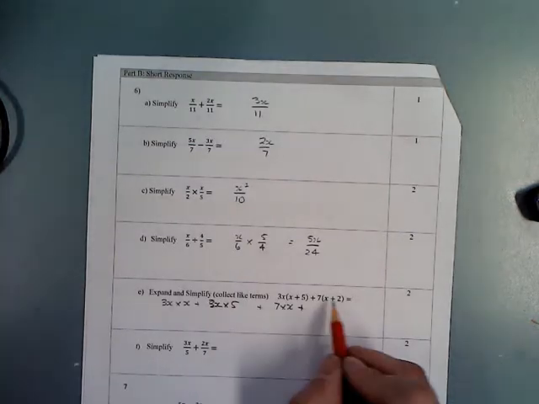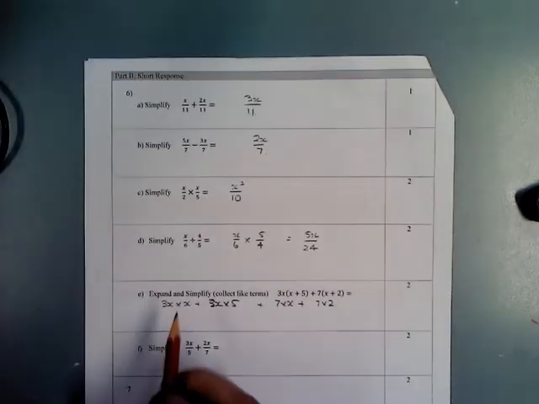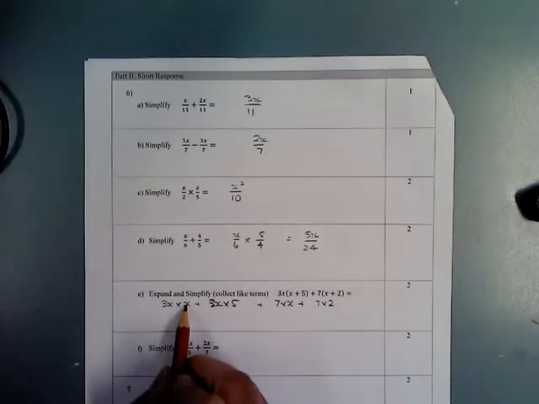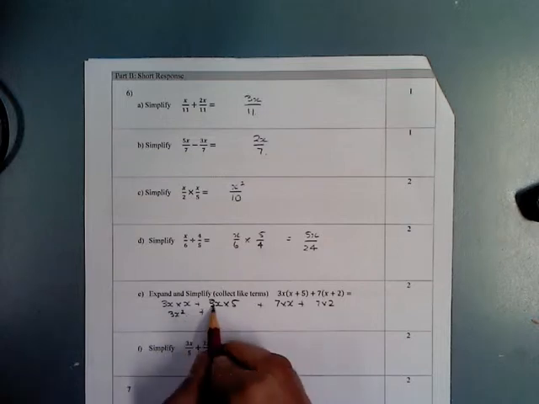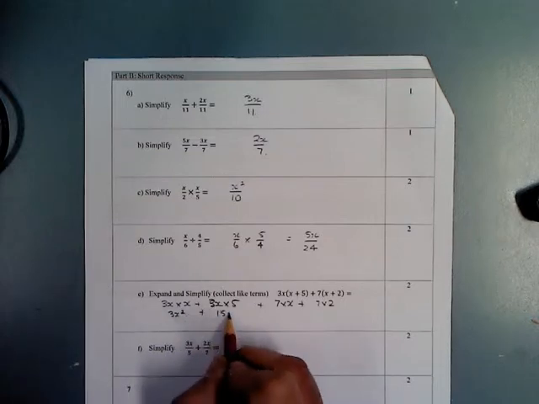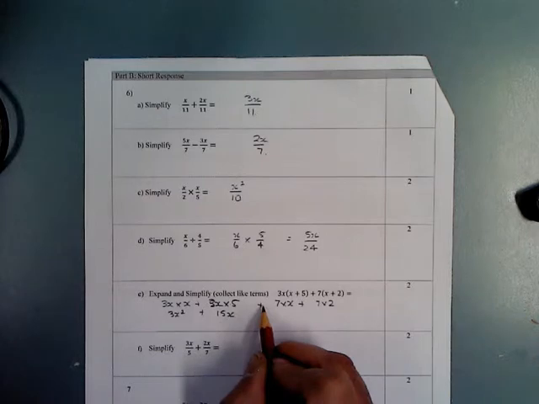If you work all that out, 3x times x is 3x squared plus 3x times 5, which is 15x. 7 times x is 7x. 7 times 2 is 14.